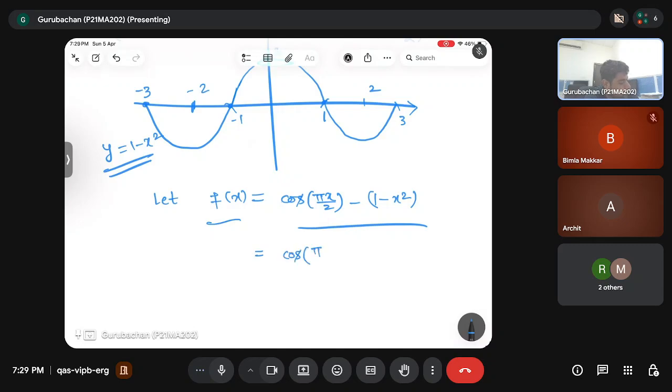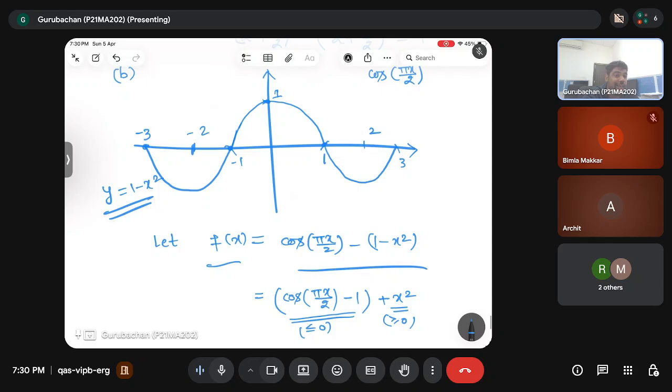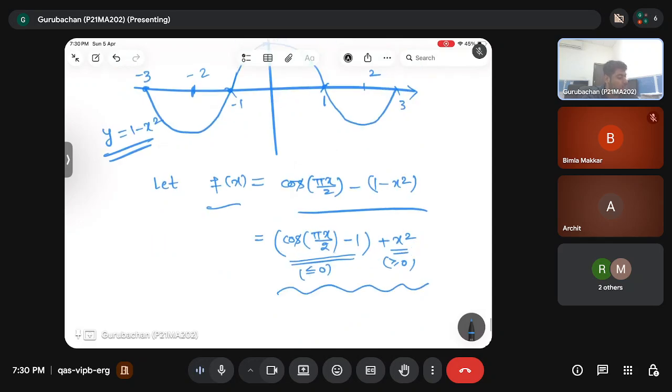Cos pi x by 2 minus 1 plus x square. This is anyway a non-negative quantity. Agreed? Yes, sir. And what about this one? I wrote it correctly. Yes, sir, correctly. Yes, sir, less than or equal to 0. Okay. Now tell me, near around 0, overall this value can be positive or negative.